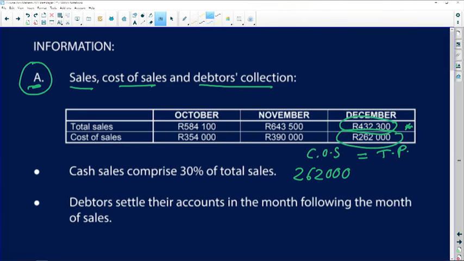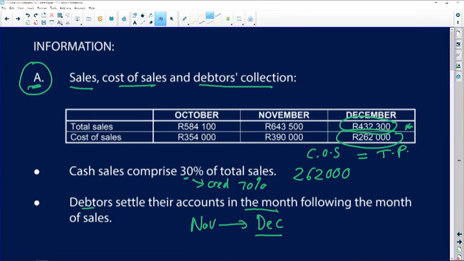Your cash sales comprise 30% of total sales, which means credit is 70%. Debtors settle their accounts in the month following the month of sale. What does this mean? It means if I buy in November as a debtor, I settle my account in the month following the month of sale, which means I will pay in December.